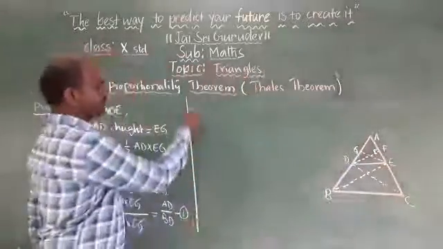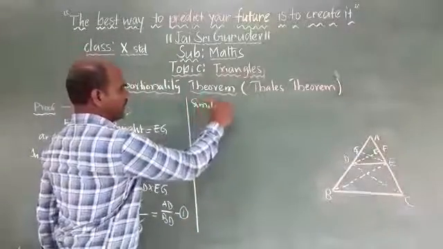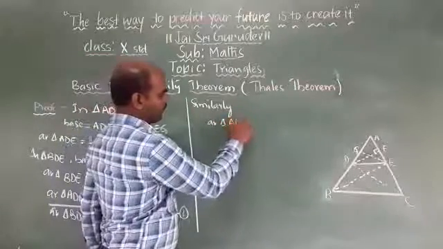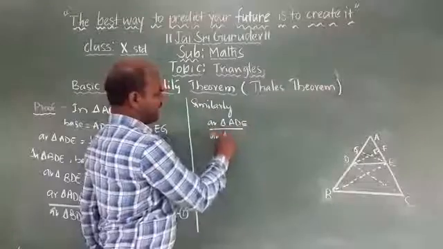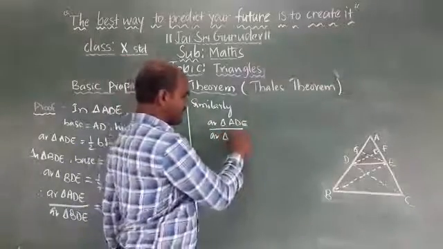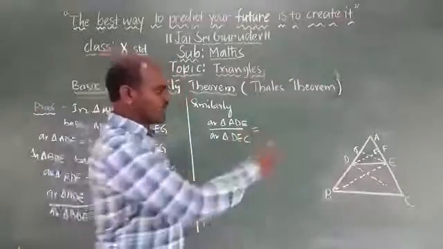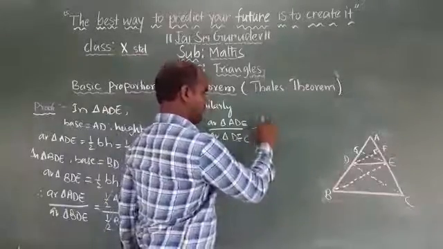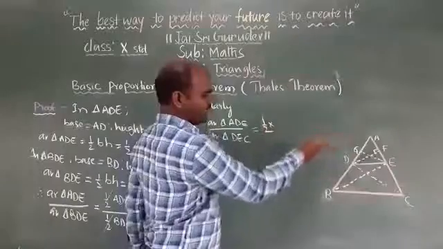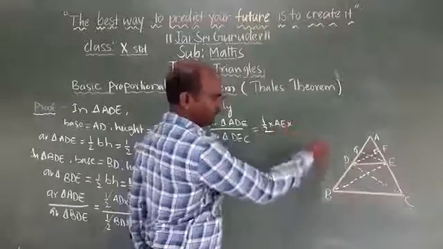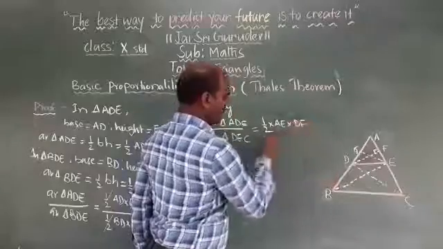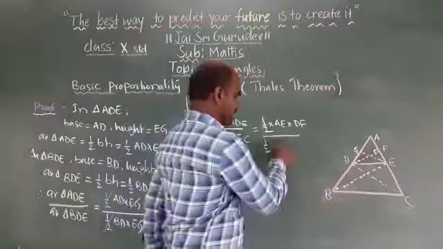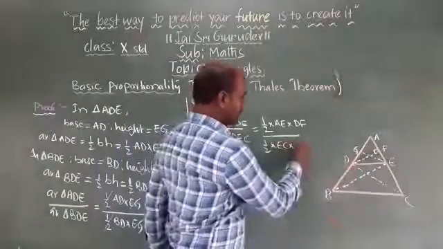Similarly, area of triangle ADE by area of triangle DEC is equal to half into base AE into height DF by half into base EC into the same height DF.